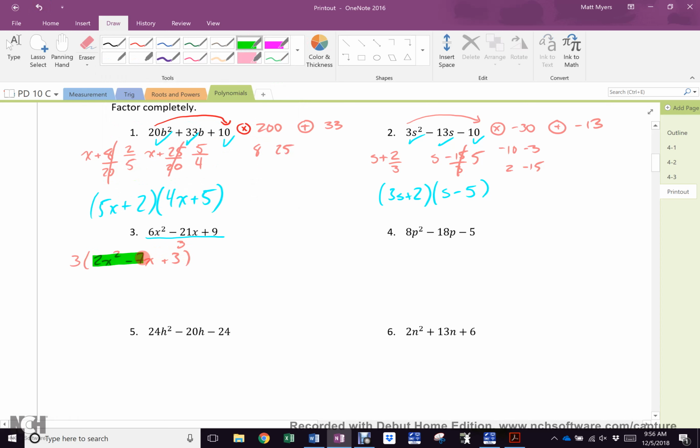I got to check here. How do I check? Is there a number that multiplies to 6 and adds to negative 7? Are there factors of 6 that'll get me to 7? What are they? Negative 1 and negative 6.